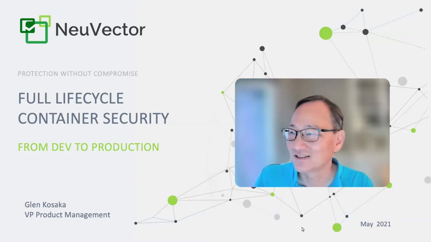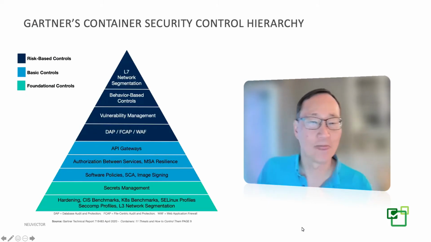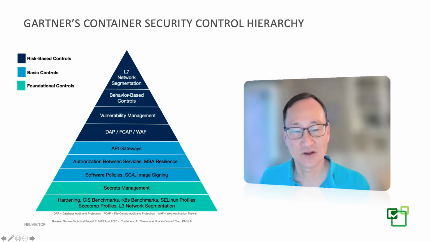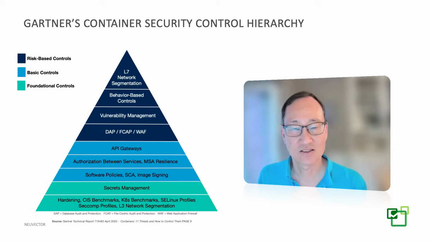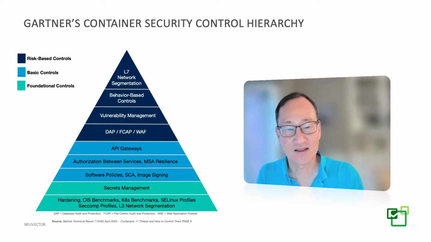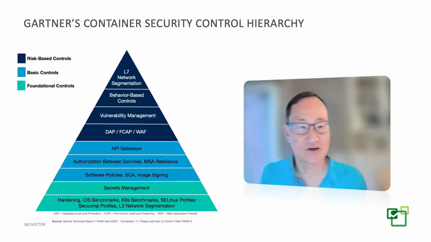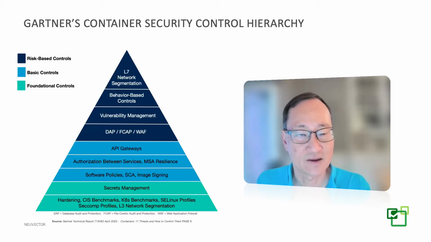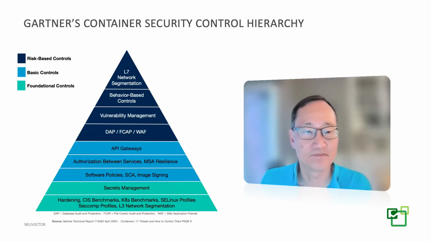All right, so let's dive right in. I'll start with a really high-level view. The Gartner group talks about a container security hierarchy. And these are all the types of security layers in what Gartner calls defense in depth that should be implemented.